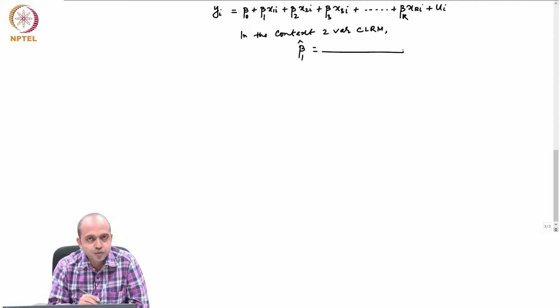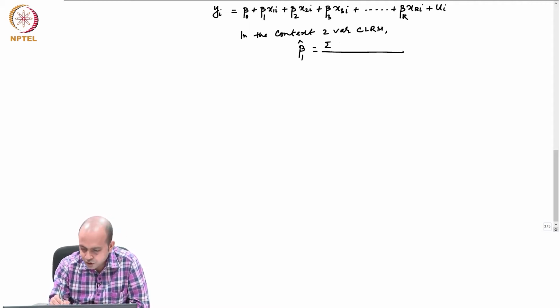Beta 1 hat we derived as summation xi minus x bar into yi minus y bar divided by summation xi minus x bar whole square, i running from 1 to n.